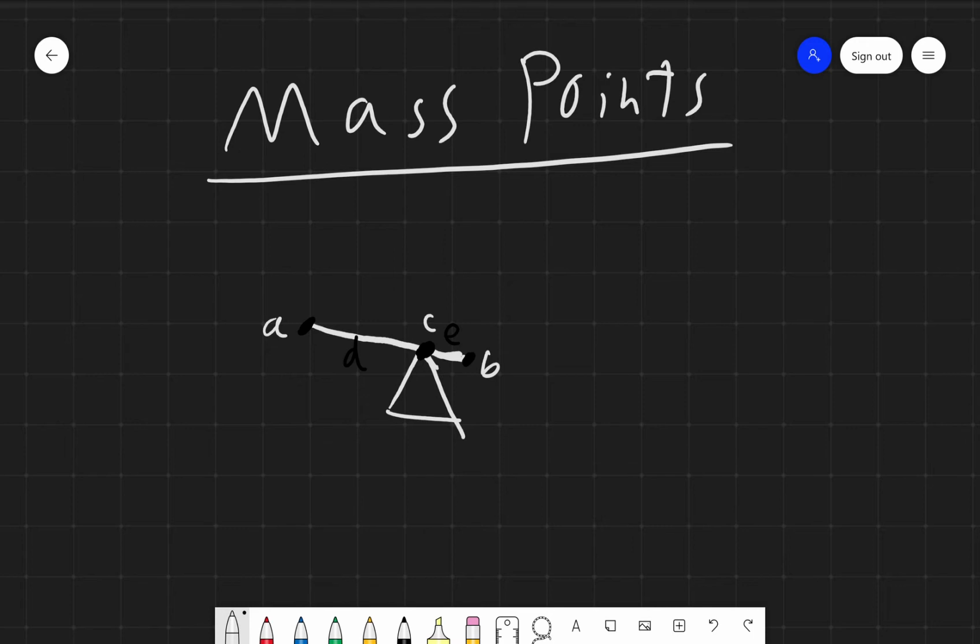Let's talk about the relation between all of these. First of all, the mass of C is equal to A plus B. And then we also have that AD is equal to BE.